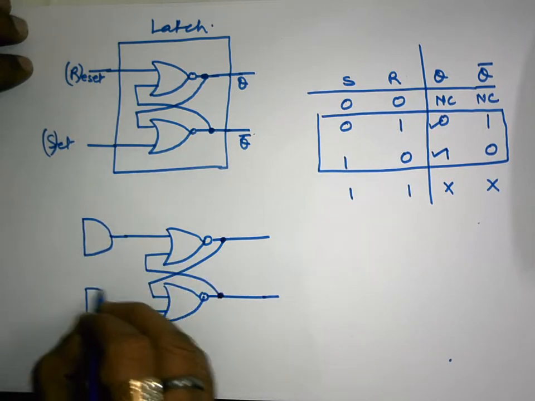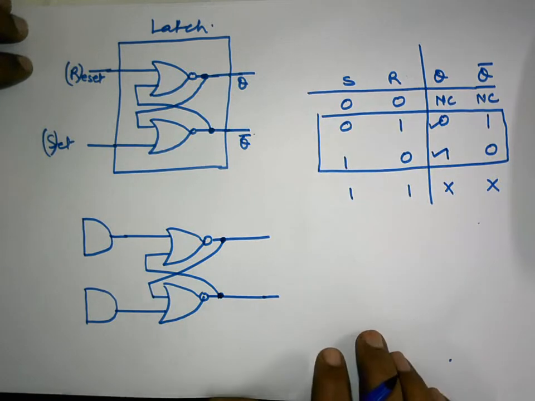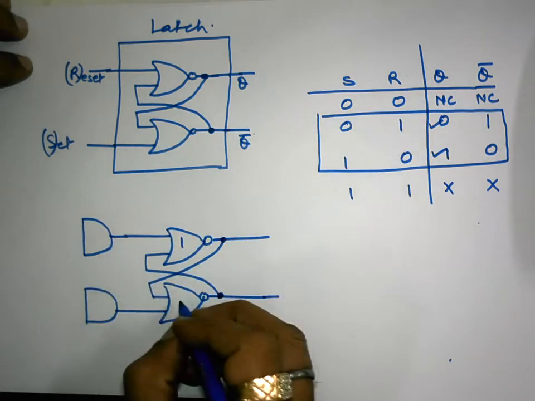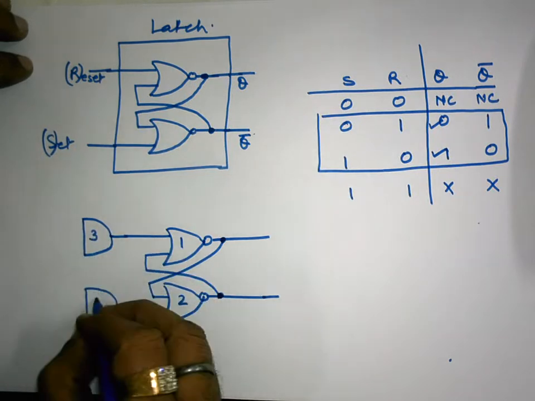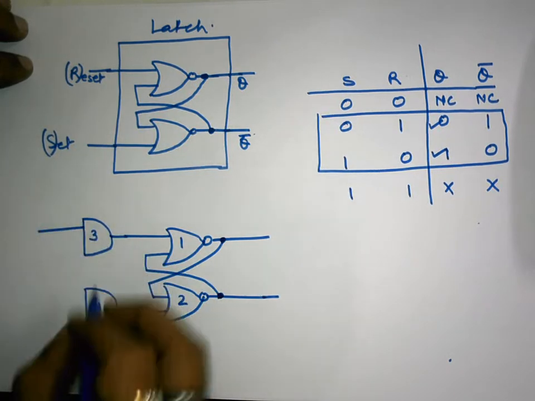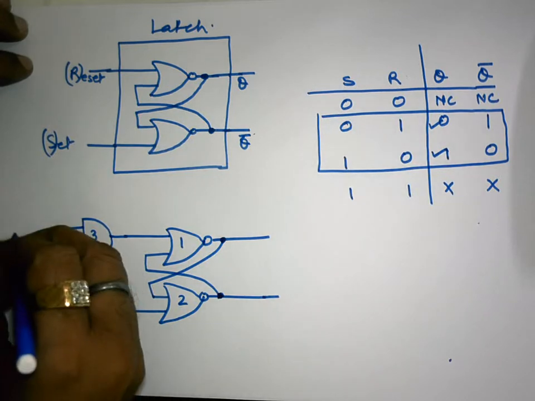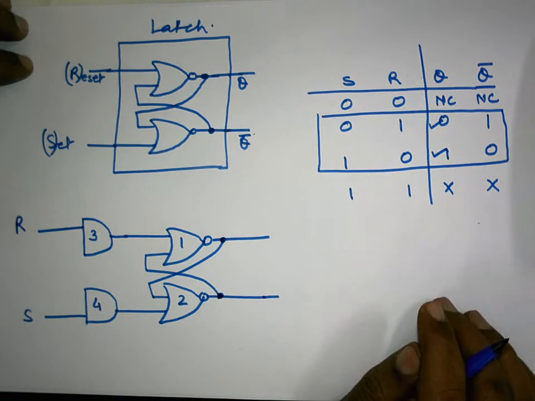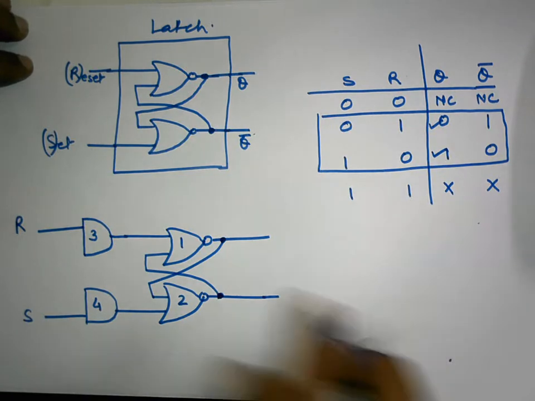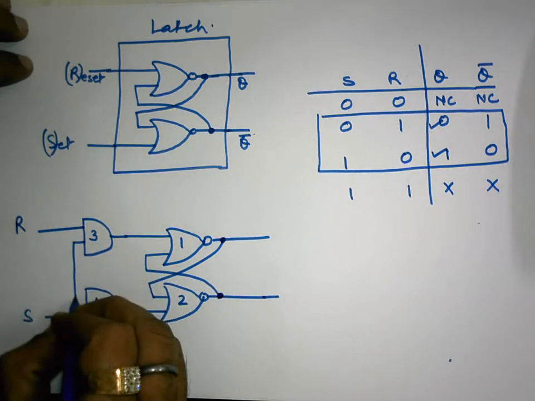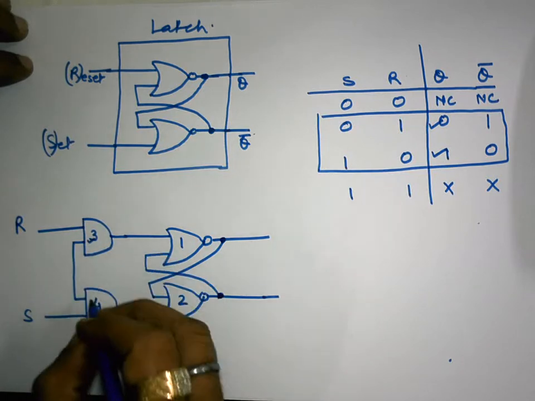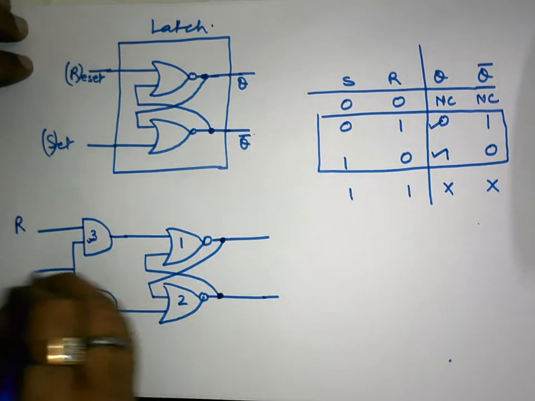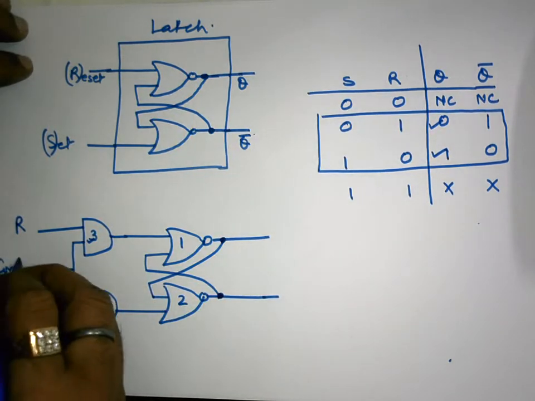We insert two AND gates in the circuit. Say this is gate number 1, gate number 2, this is gate number 3 and gate number 4. And now I am applying this R input from here and S input from here, and the other two inputs, one input of gate number 3 and one input of gate number 4, are left for a control purpose.